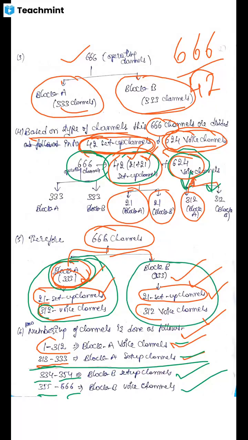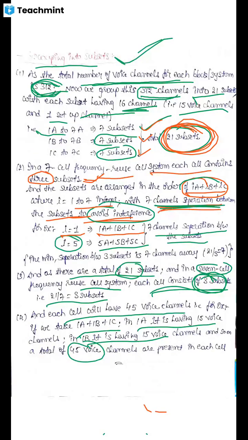In block A, 1 to 312 are voice channels and the last row, 313 to 333, are setup channels. In block B, the first row, 334 to 354, are setup channels and 355 to 666 are voice channels. This we have seen in the frequency management chart.